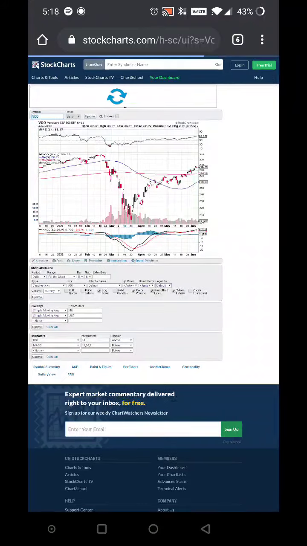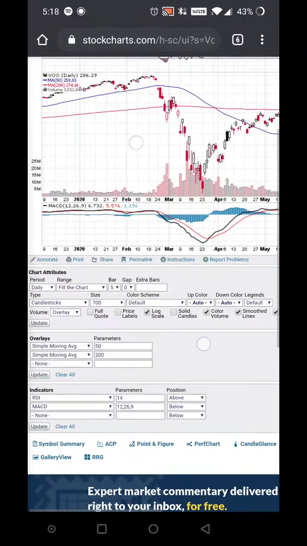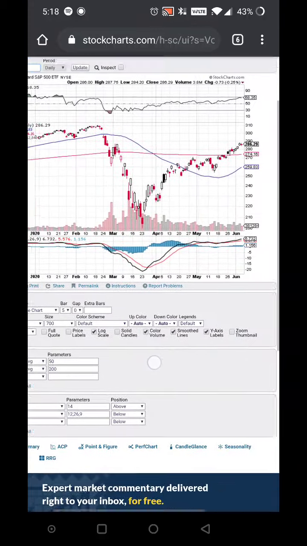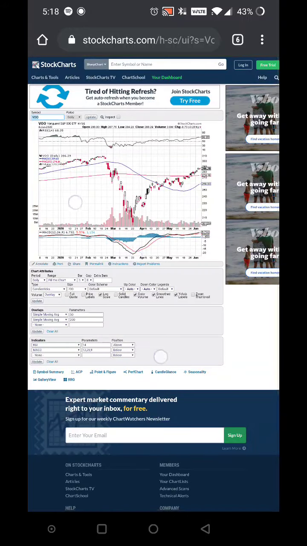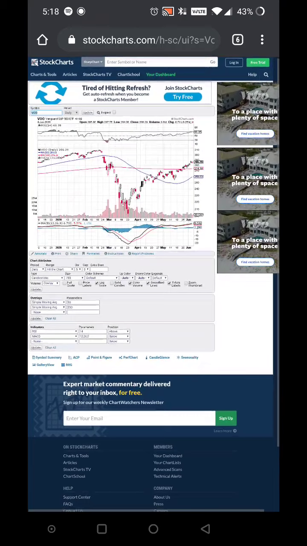Next one is stockcharts.com. You can use this to get the simple moving average, the RSI, and the MACD. It's all very important stuff you should know and look up on Investopedia.com, which is another resource I want to talk about.